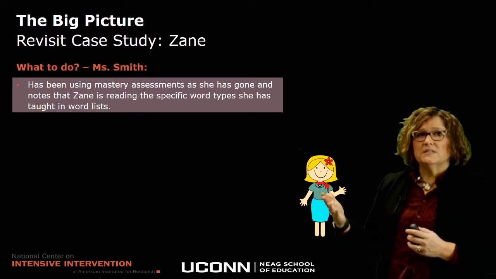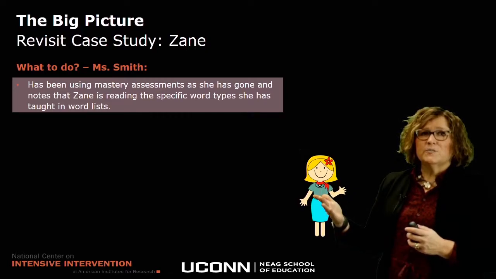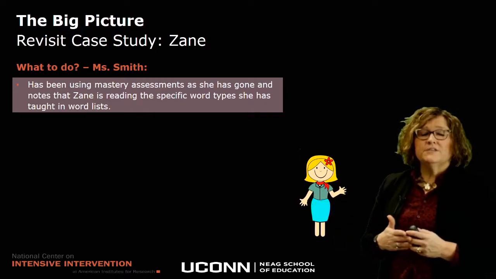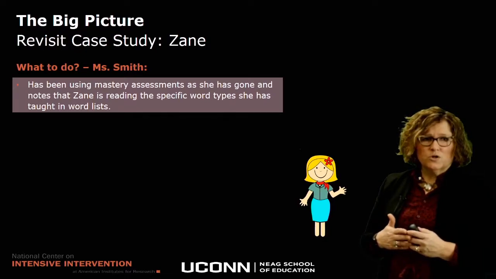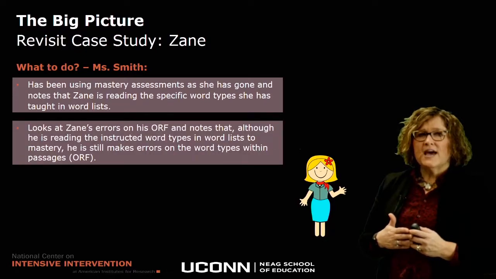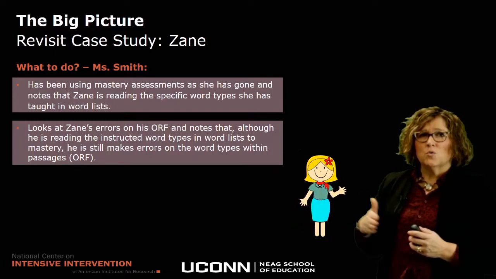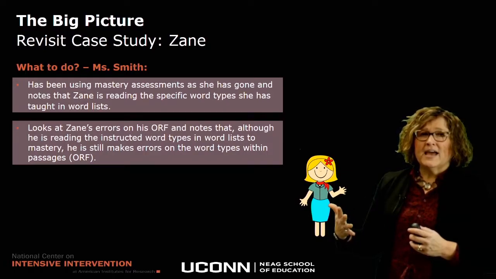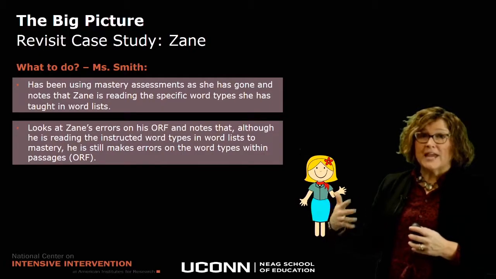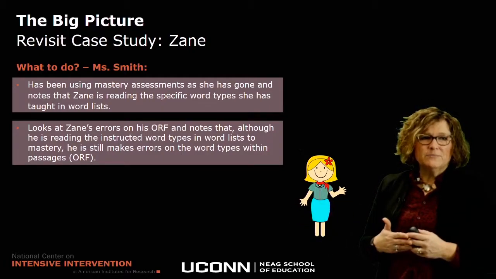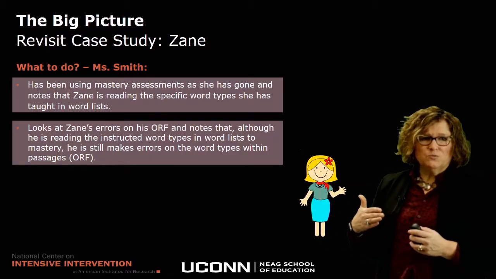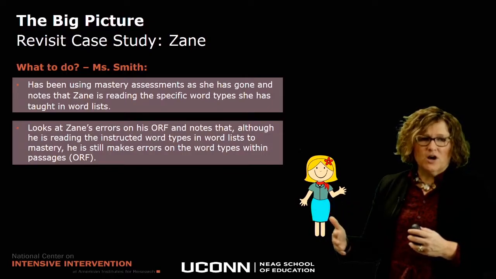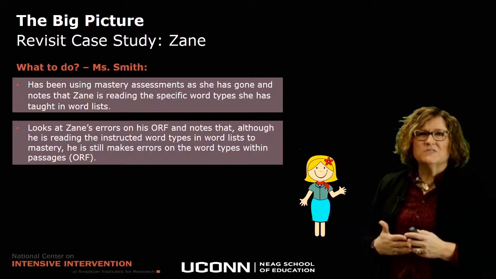She has been using these mastery assessments, and she's actually been noting the different word types he's been taught in these word lists. She decides that based on the errors on his oral reading fluency, she maybe needs to go back and look at the different word types in those errors he's making, and reteach some of those word types, and distribute more reading practice across the day to help with maintenance of these word types.